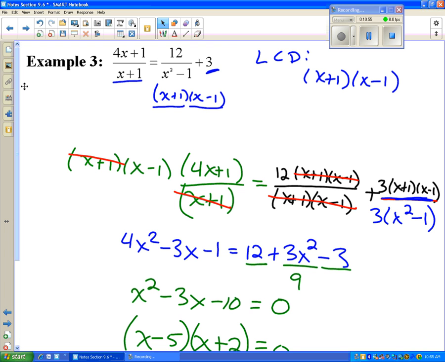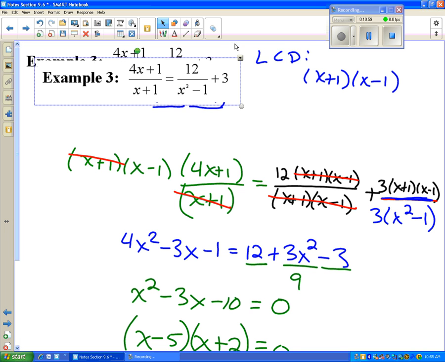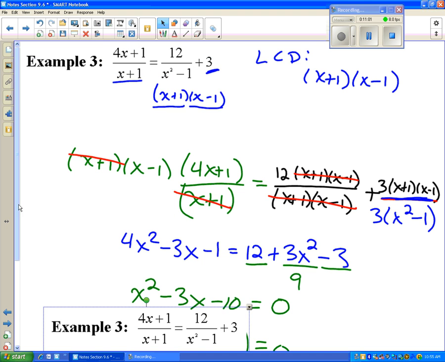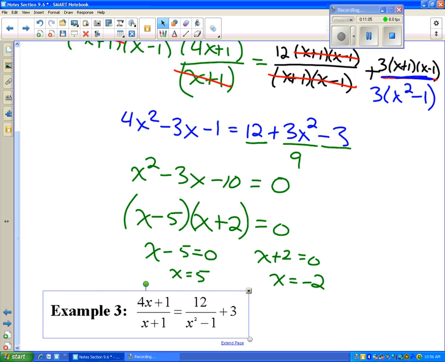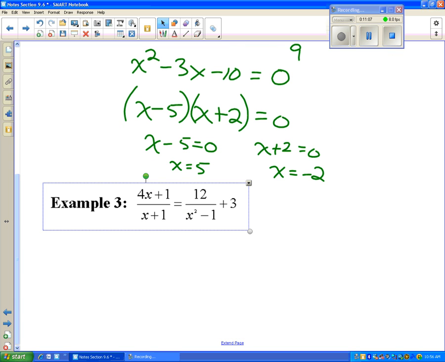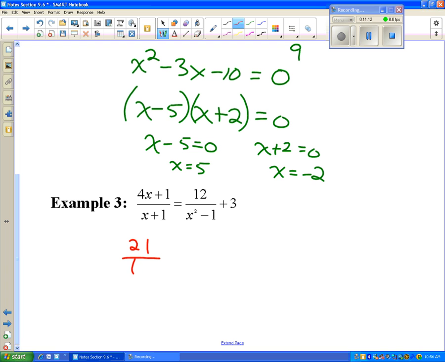If I plug in 5, I'm going to clone this and drop it down so I can check it. So if I plug in 5, that's going to be 21 over 6. Over here, I'm going to have 12 over 26 plus 3.